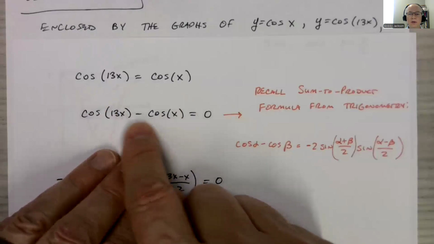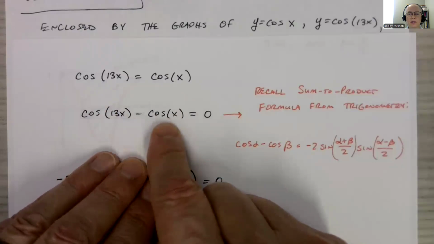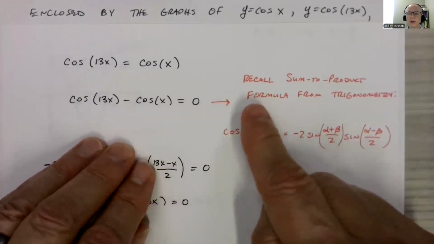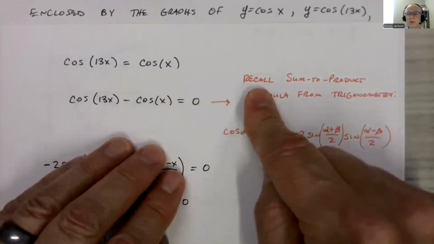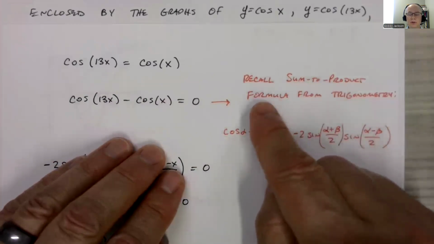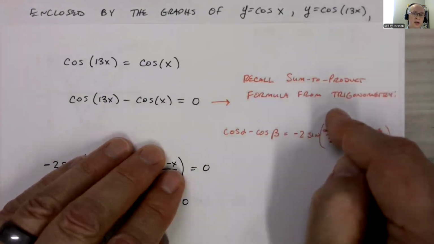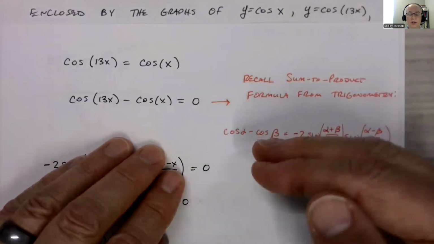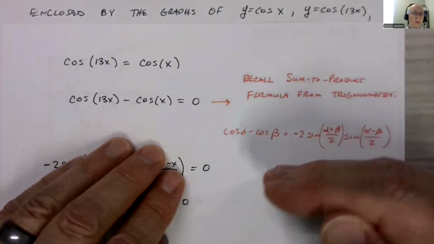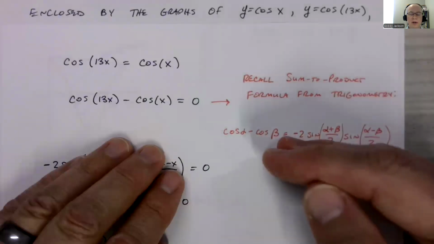Now what I want to do is transform this difference into a product. The way I'm going to do that is from the somewhat obscure, if you remember from trigonometry, sum-to-product formulas for sines and cosines. You may or may not remember this. It's like all those formulas you have: the double angle formulas, the sum formulas, half angle formulas, and so on.